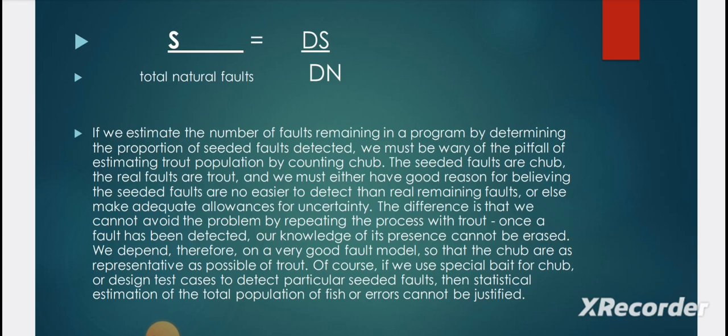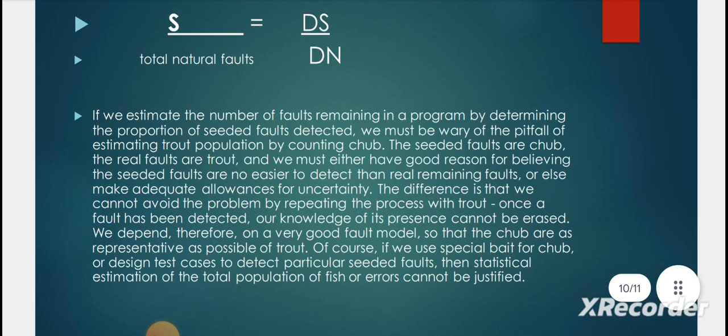We depend, therefore, on a very good fault model so that chubs are as representative as possible of trout. Here, if the test cases have to be designed and detected for particular seeded faults, then statistical estimation of the total population of fishes or errors cannot be justified.